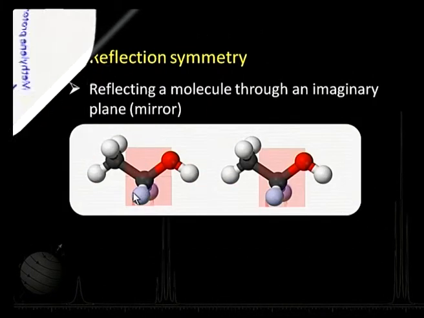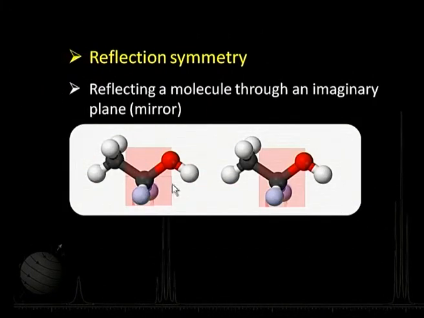Let's look at this molecule of ethanol here, and just think of this imaginary plane shown over here. If I look at these two methylene protons, the first one which is towards you and the one which is going away from you, these two are related by reflection symmetry.